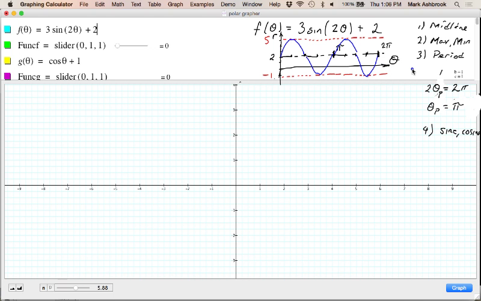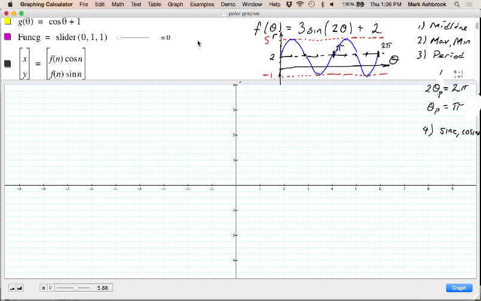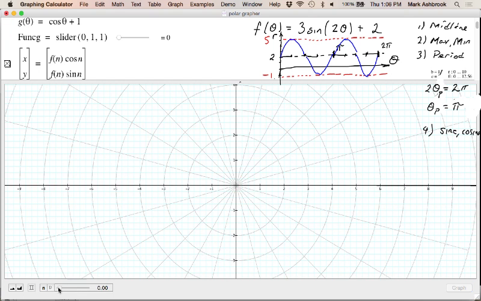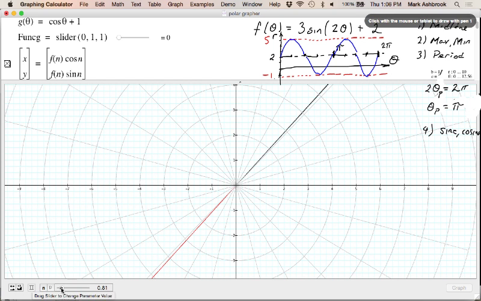So before we were going from 0 to pi over 2 for our intervals, but now we need to go from 0 to pi over 4. So as you go from 0 to pi over 4, what does the radius do? r goes from what to what? Nope, not 0 to 2. 2 to 5. So at theta equals 0, we're going to start at radius equals 2. And then by the time we get to pi over 4, we're at 5.